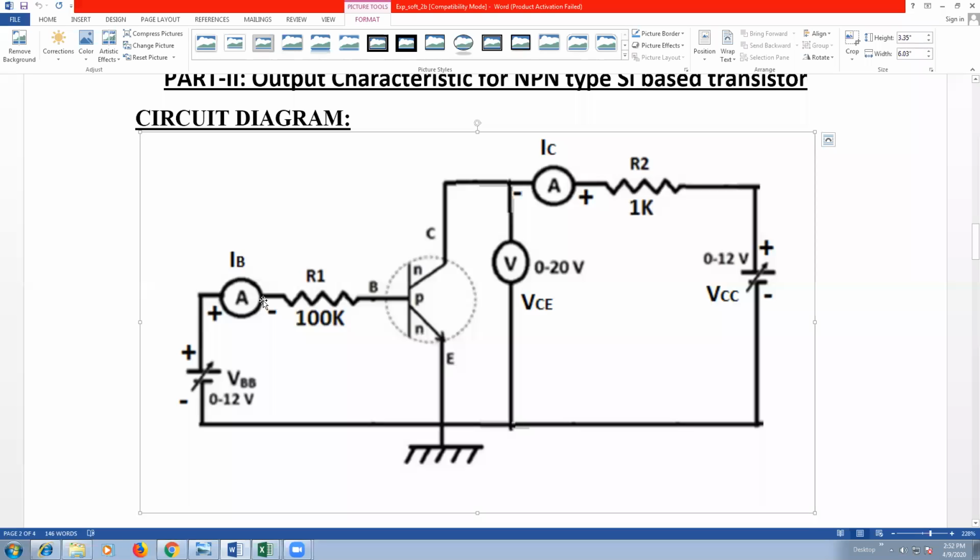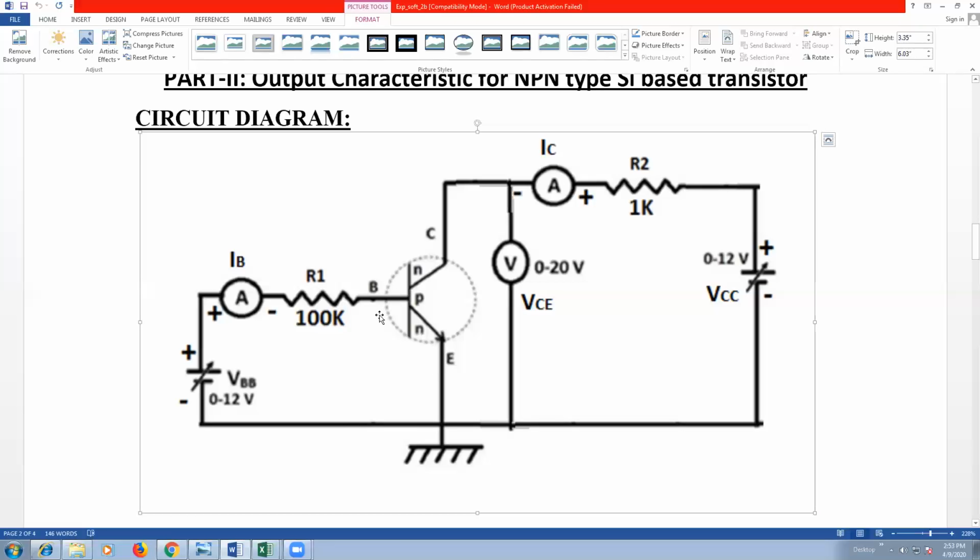Then the negative terminal of the milliampere meter is connected to one terminal of the 100 kilo ohm resistor, denoted R1. The other terminal of R1 is connected to the base of the NPN transistor. Then the emitter terminal is connected to the negative terminal of the power supply VBB. This is the input loop of this circuit.